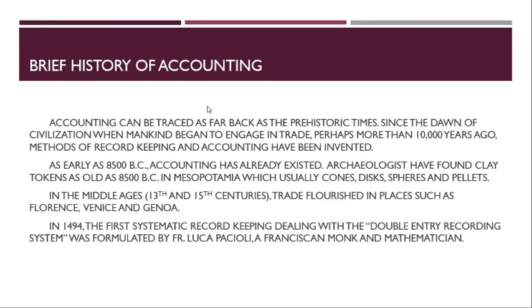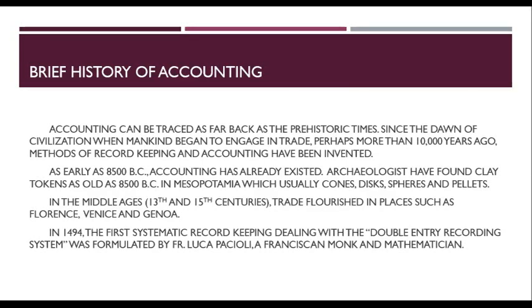Accounting can be traced as far back as prehistoric times, since the dawn of civilization. When mankind began to engage in trade, perhaps more than 10,000 years ago, methods of record keeping and accounting have been invented. And as early as 8,500 BC, accounting already existed. Archaeologists have found clay tokens as old as 8,000 BC in Mesopotamia, usually cones, discs, spears, and pellets.